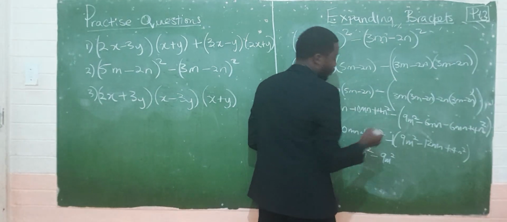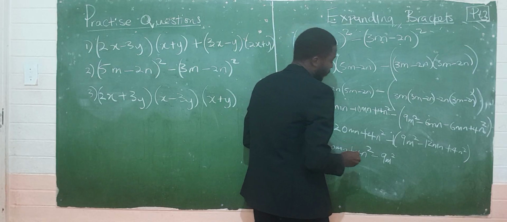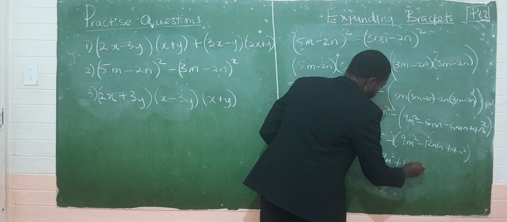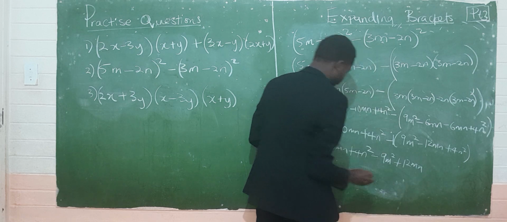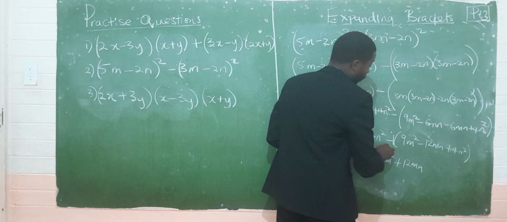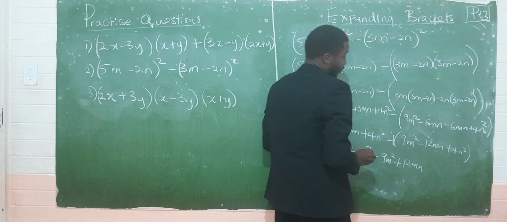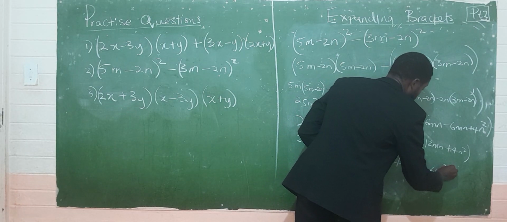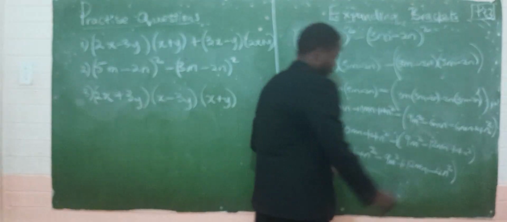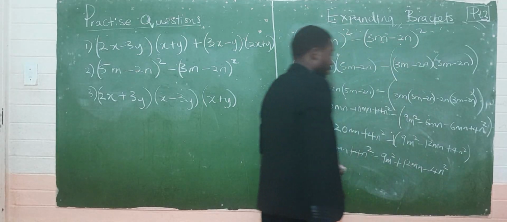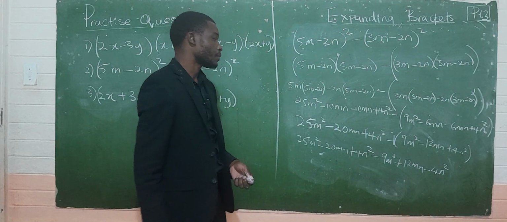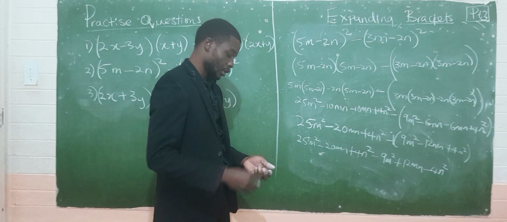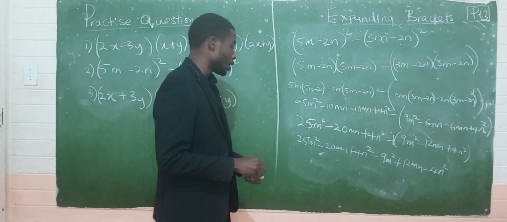Negative 1 times negative 12mn is positive 12mn, and negative 1 times positive 4n squared is negative 4n squared. Of course, I can eliminate the bracket now, and this becomes our new expression. It just needs us to clean it up and we'll be good to go.